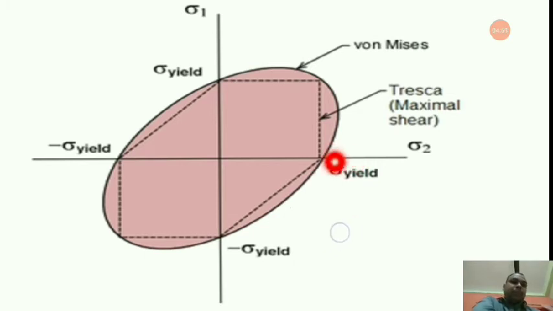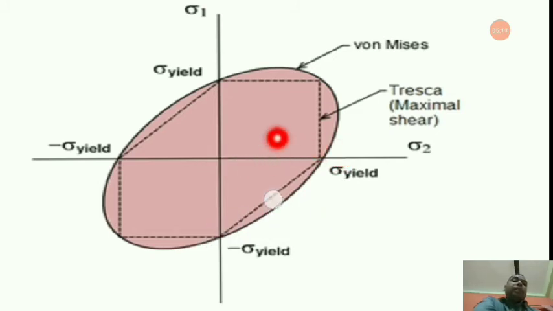Okay, so in ductile material there will be a warning from the material that it is unable to bear the load you are giving to it. So that is the yielding point. If your metal is yielding, that means you have to scrap the metal.